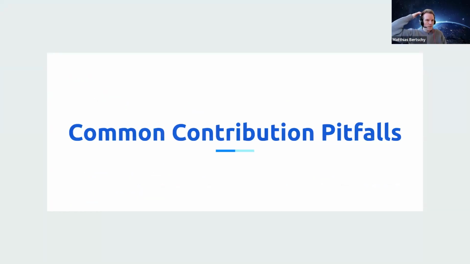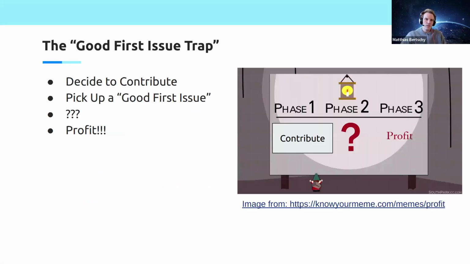Now, I would like to take a bit of time before the Q&A to give you some things not to do, which are the common contribution pitfalls. I will explain what we call the good first issue trap. The scenario goes something like this. You are a new prospective contributor and you are excited to make your mark on the community.